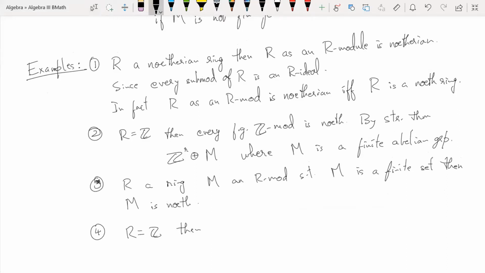So maybe Q is not Noetherian, because Q as a Z-module is not a finitely generated Z-module. Or you can take infinite copies of Z.